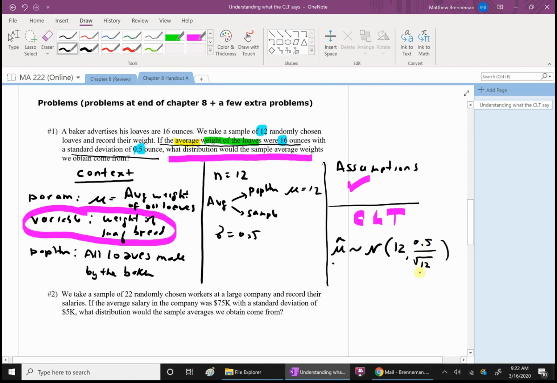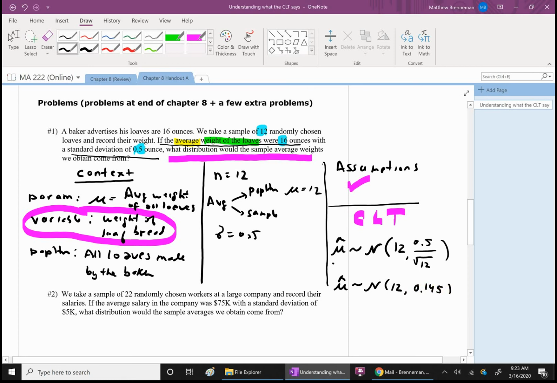And if we compute 0.5 divided by the square root of 12, we're going to find out that's about 0.145 roughly. I believe.